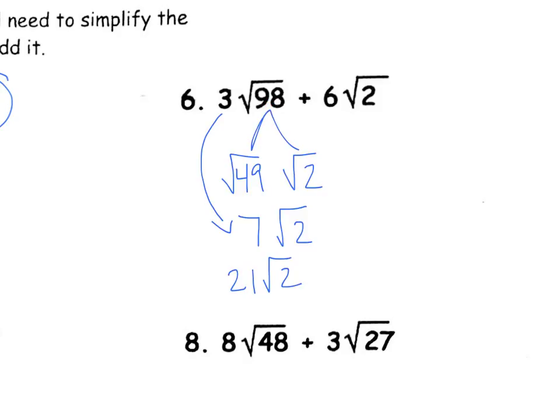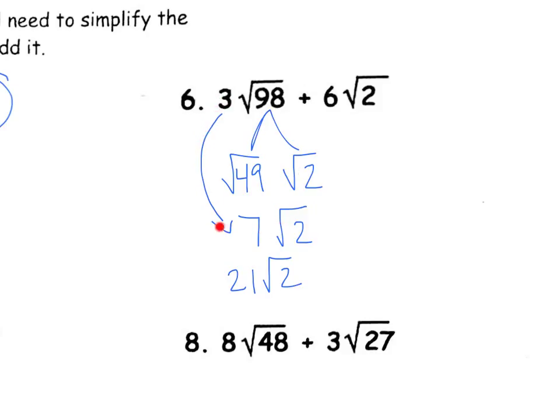Okay, so we simplified radical 98, cut it in half. That was 49, and we noticed that 49 is a perfect square. So square root of 49 goes into it 2 times. Square root of 49 is 7. Attach the radical.